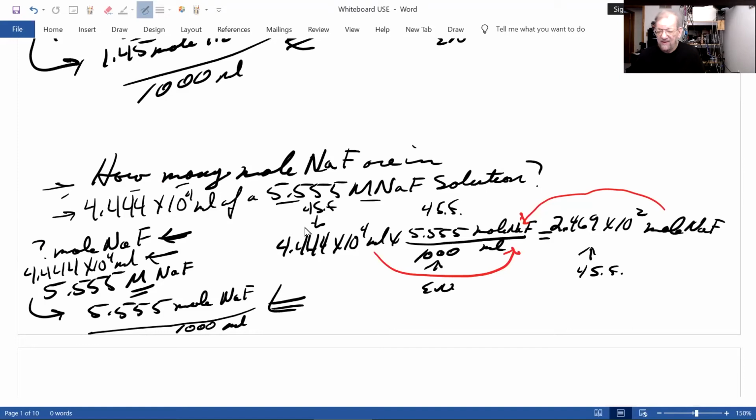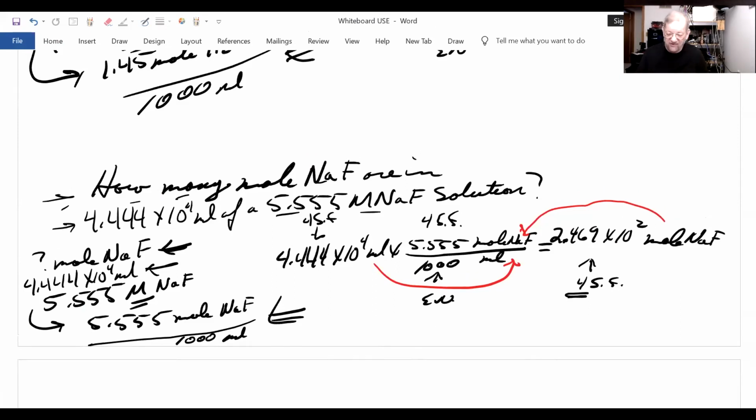Remember, this is 4 significant figures, which is why I rounded it off. And that answers a question of one of your colleagues, how to do this with 4 significant. And if this were 4 and this were 5, it would still be, if this were 5, this were 6, we'd have to use 5 significant figures.